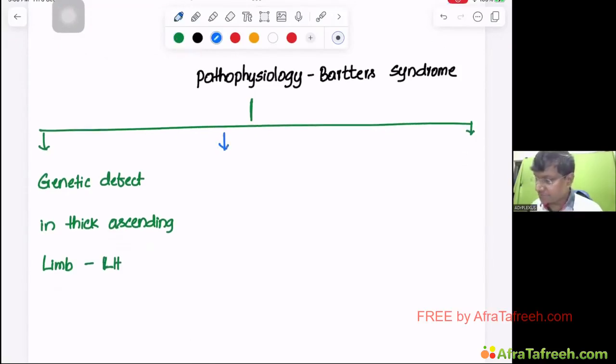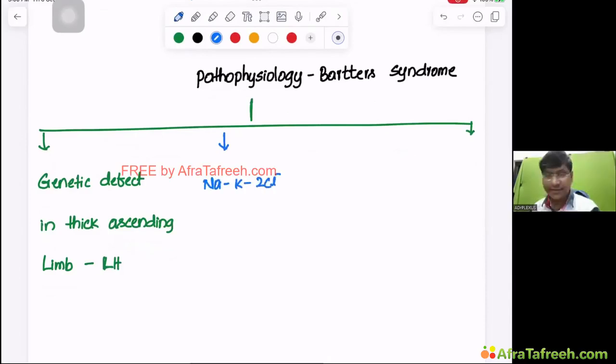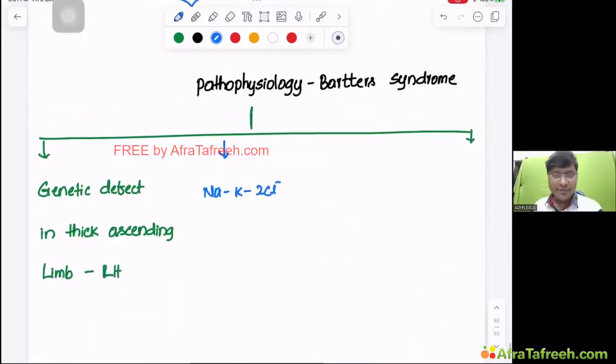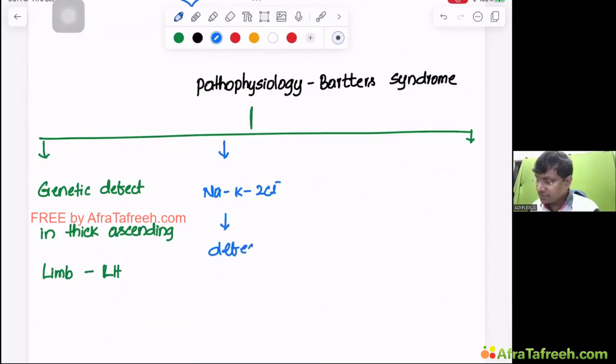What is the channel you have in the thick ascending limb of loop of Henle? Sodium potassium 2 chloride. Okay, it resembles the loop diuretics. So what is the channel which is defective now? Sodium potassium 2 chloride co-transporter. It becomes defective, and this is the channel which is inhibited by your loop diuretics.